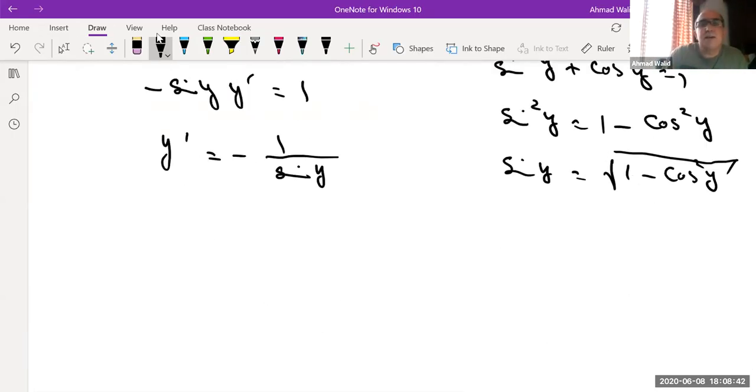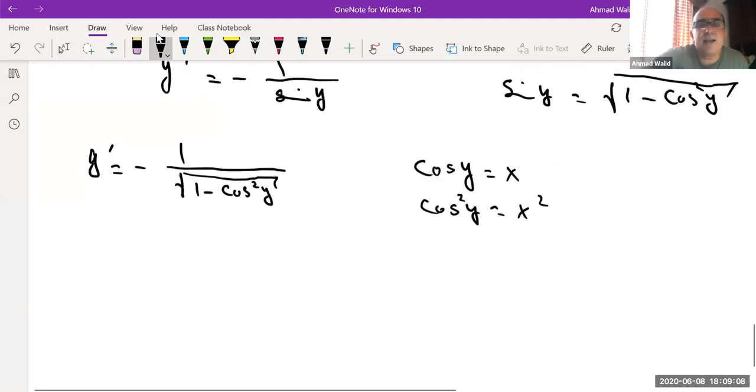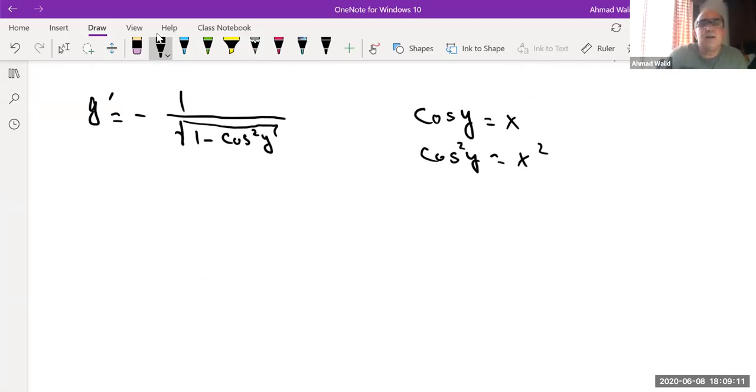If we plug that value in our proof, y prime equals negative 1 over the square root of 1 minus cosine squared y. We started with cosine y equal x, so cosine squared y equals x squared. Let's plug this value into our proof, then you can write y prime, which is actually d dx of cosine inverse x.